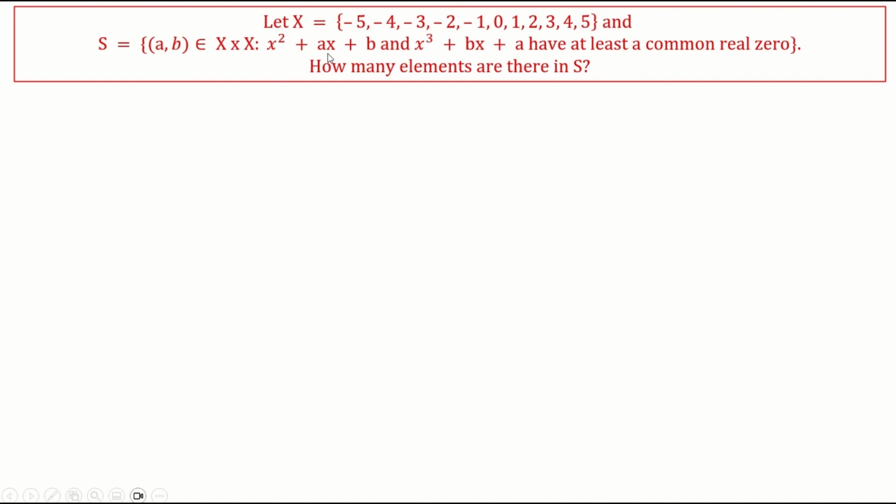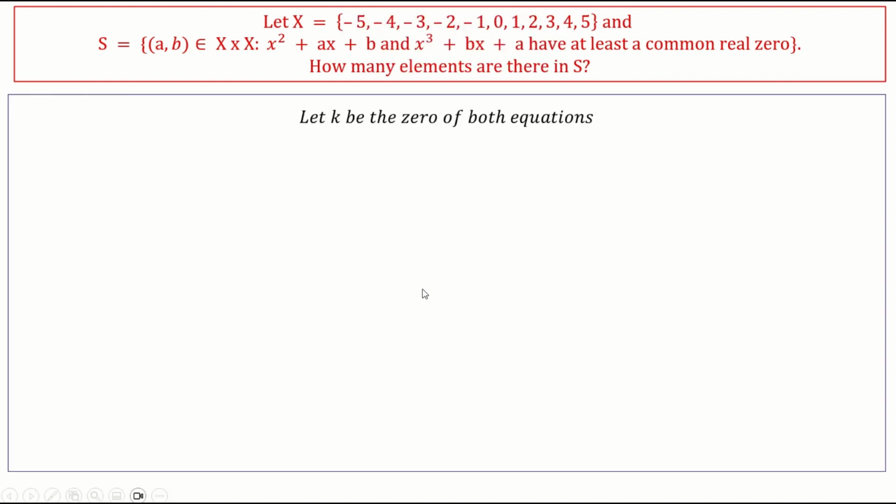Basically, we need to find (a, b) in such a way that they are the roots of these two equations given here, for (a, b) values, where (a, b) belongs to X cross X, again any of these values.